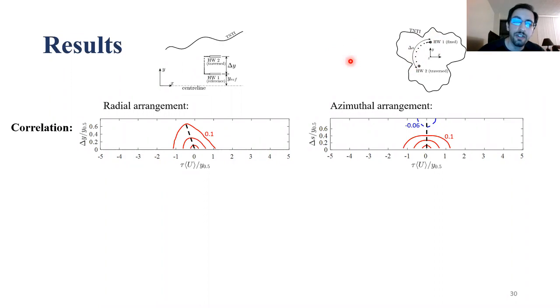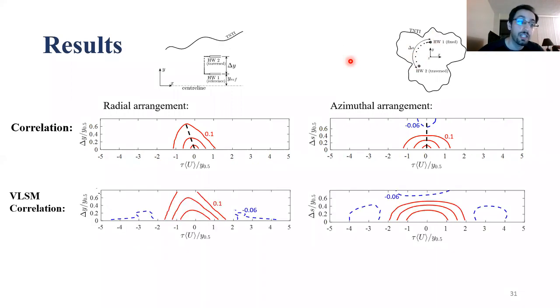Now, if we filter out the eddy structures and keep just the very large scale motions in the velocity signal and calculate the correlation from these very large scale components, this is what we get. Interestingly, in both the radial and azimuthal arrangements, we get these negative correlation regions alongside the main positive correlation region in the streamwise direction.